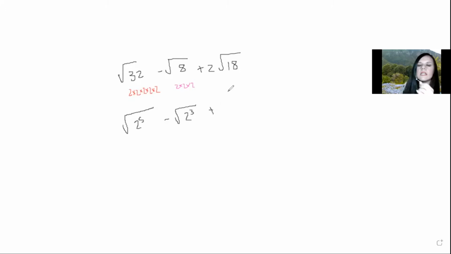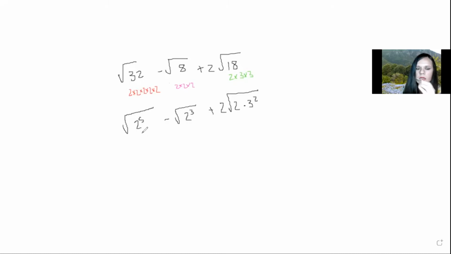And then inside here, I've still got the 2 outside, but inside I can write 18 as 2 times 3 times 3. So that would be 2 to the power of 1 times 3 squared.